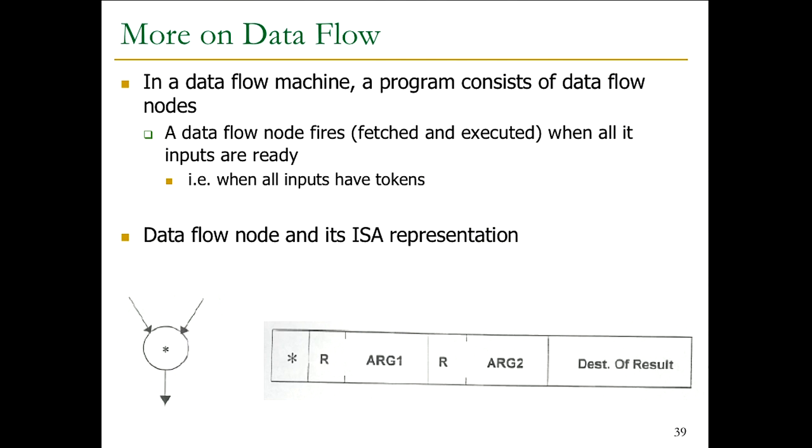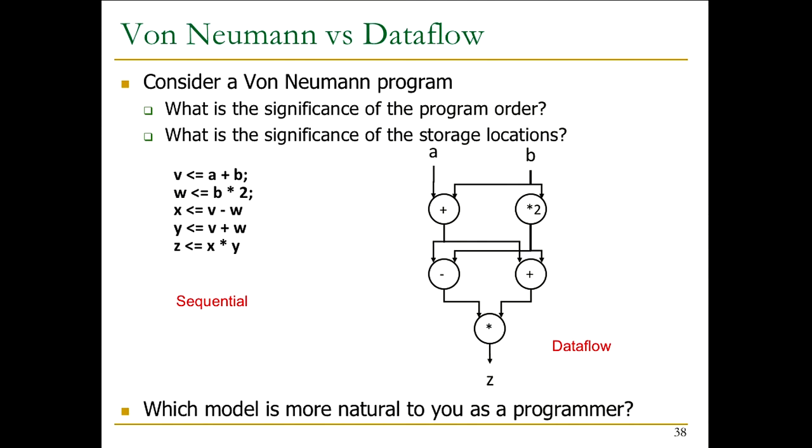Let me take a step back. This is converting the data flow into the ISA level, but you can also implement data flow completely in hardware. You can have an adder, a multiplier, a subtractor, another adder, and put all of this into hardware directly. When the input values arrive, the hardware just combinationally produces the output value.